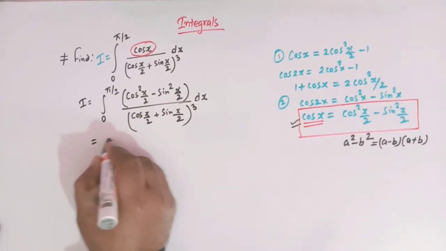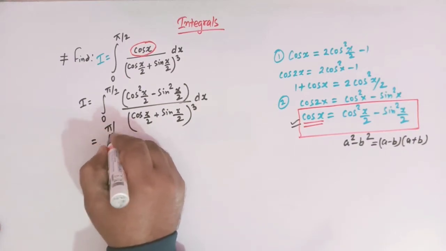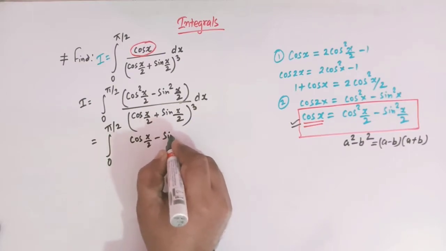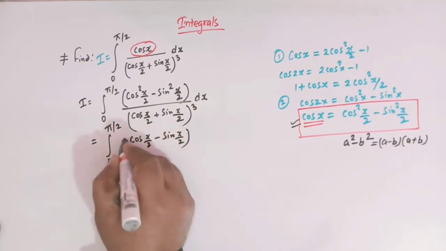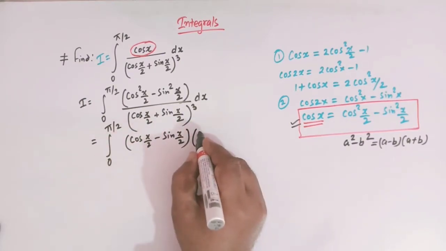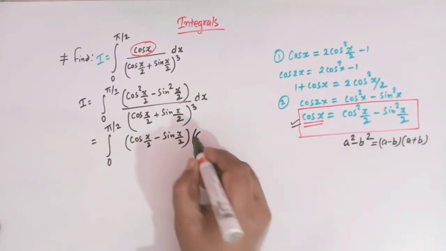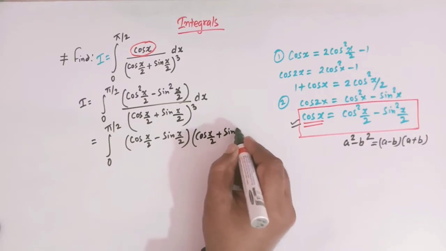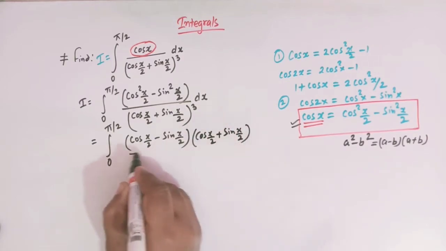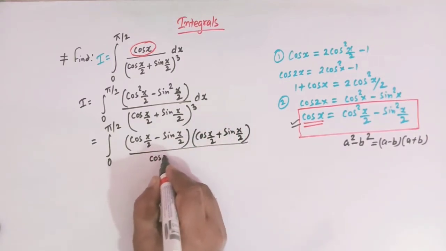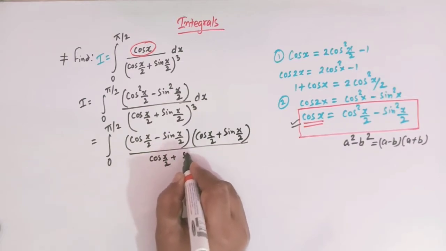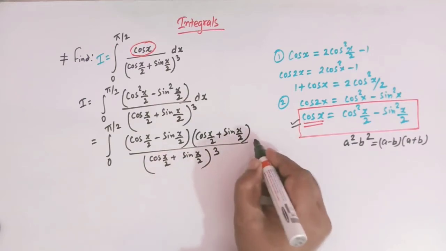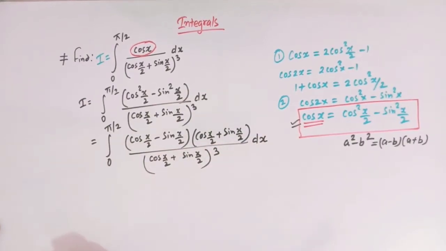We can write this integral as cos x over 2 minus sine x over 2, times cos x over 2 plus sine x over 2, divided by (cos x over 2 plus sine x over 2) whole cube, dx.